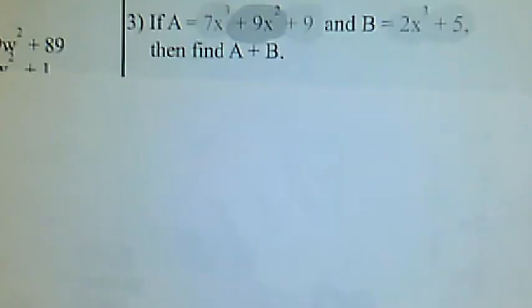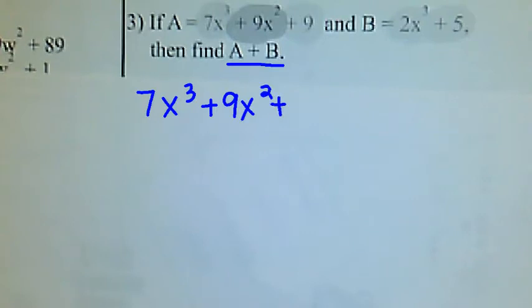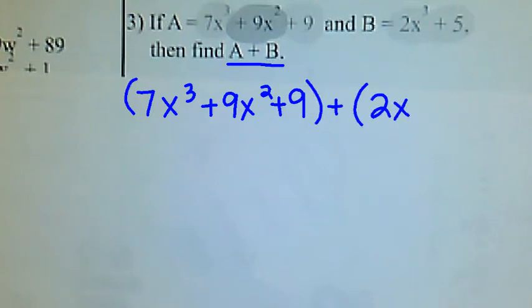Alright, so with question number 3, this is all again notation, but all it's saying is it wants you to add a and b. So a is 7x cubed plus 9x squared plus 9, and then we're adding that to 2x cubed plus 5.